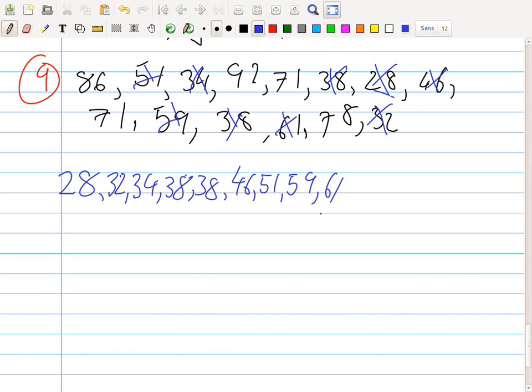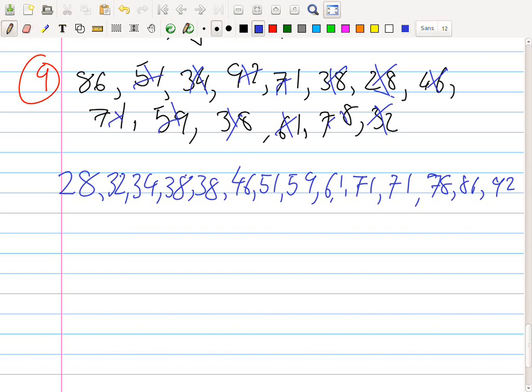Then two 71s, then 78, 86, 92. That's a 61, wasn't it? Yeah. Okay, so that's them all taken care of.